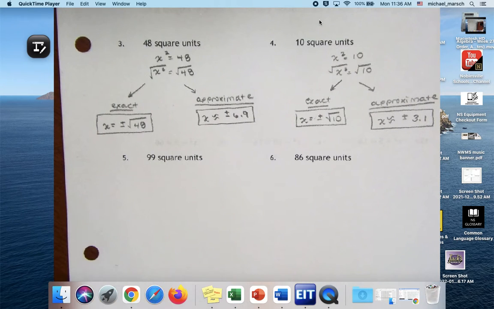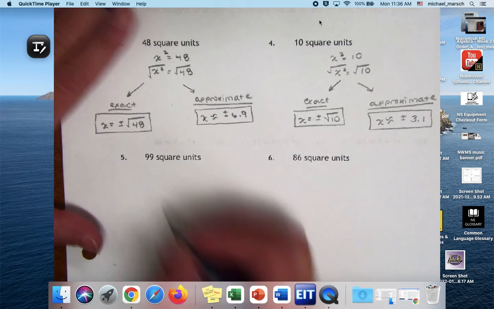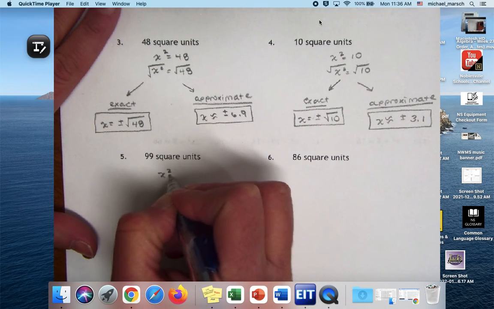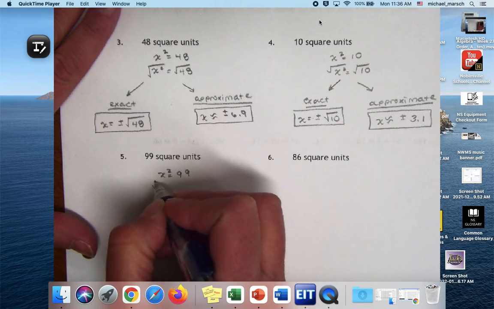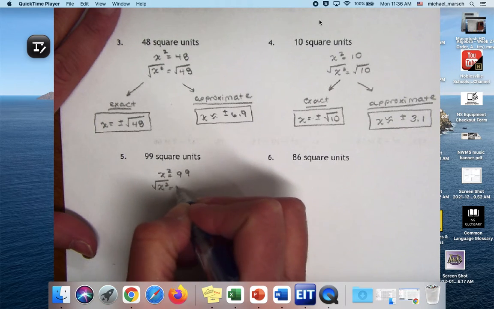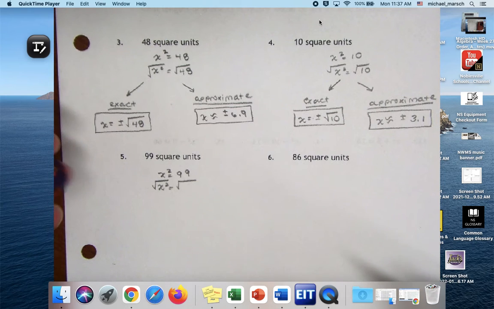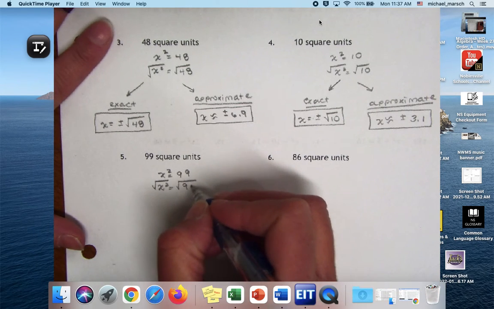Can I use that phone calculator? That's fine. If you have your iPad and it's working, I really want you guys to be using your Desmos calculator. I have a decimal calculator.